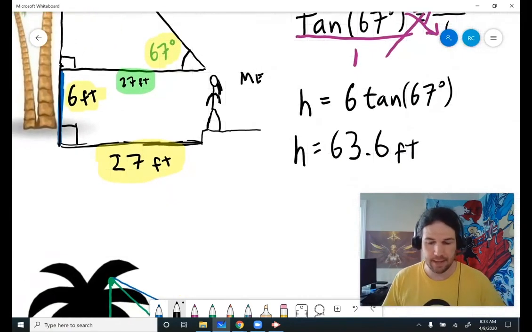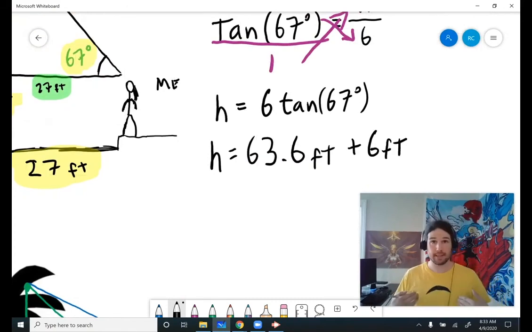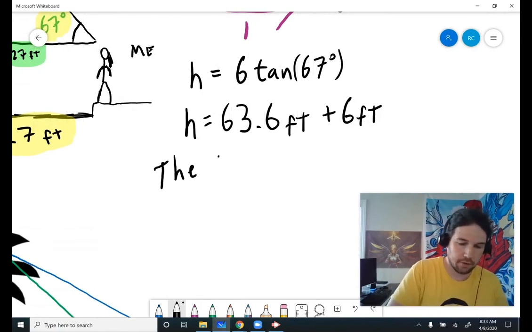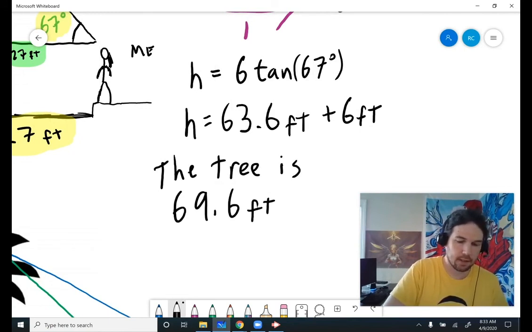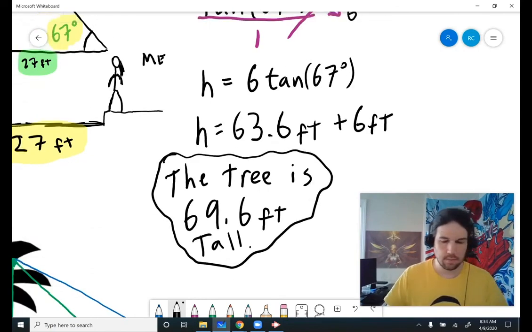So we're going to take that 63.6 feet and we're going to add the 6 feet for my height. So the tree is 69.6 feet tall. Nice.